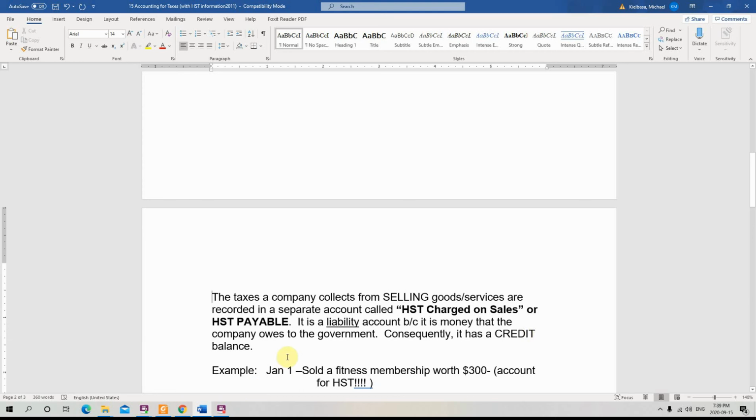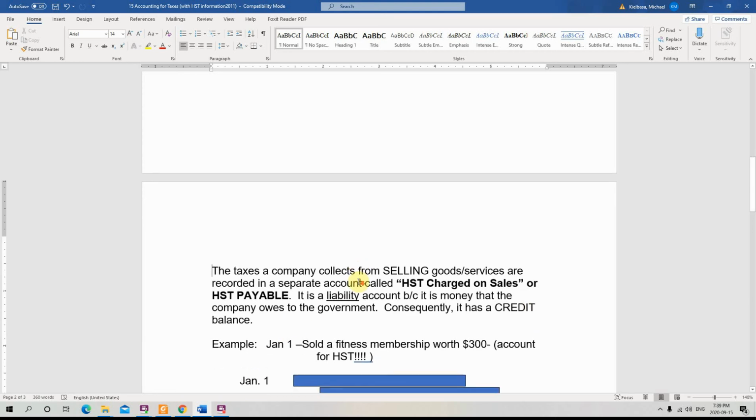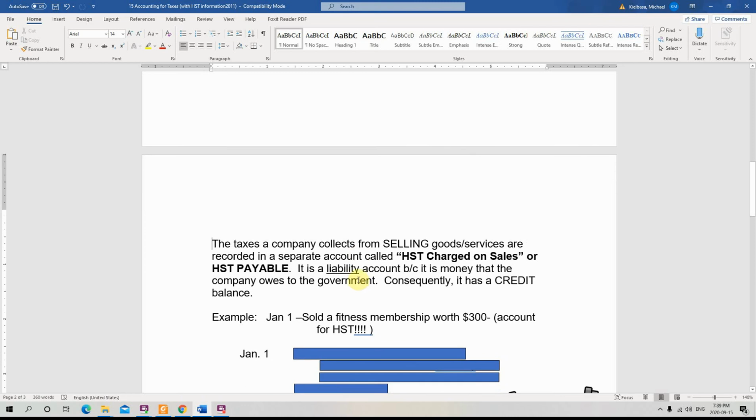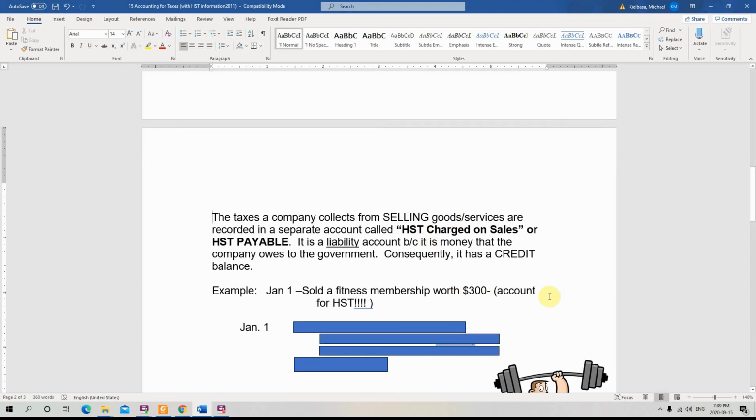All right, so let's go through an example. Let's suppose that we're a gym and we sell a fitness membership for $300. How are we going to record this if we have to record the taxes as well? Let's assume we're going to sell it for cash.